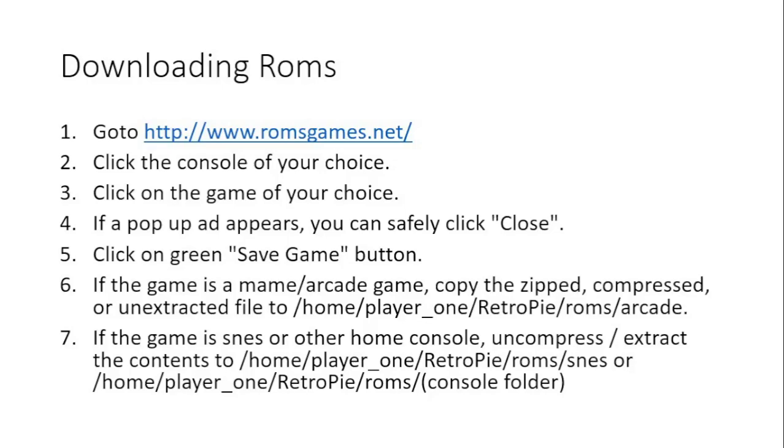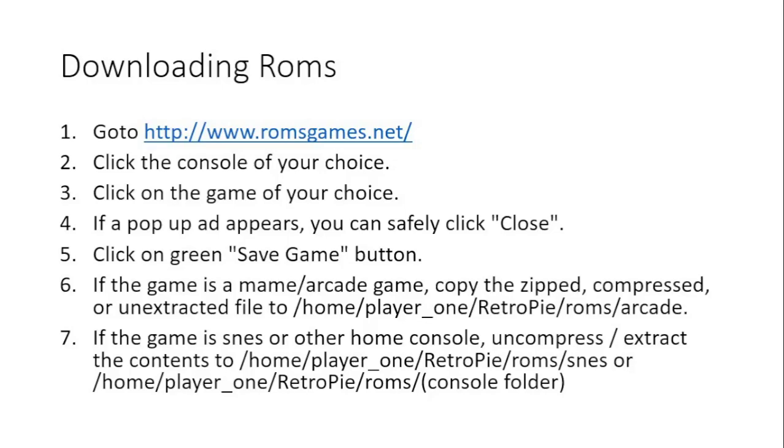Otherwise, for other types of games, nearly every other game besides the arcade game, you actually decompress the folder. You don't even copy the root folder name or whatever. You just copy the ROMs, just dumping them into the appropriate folder.